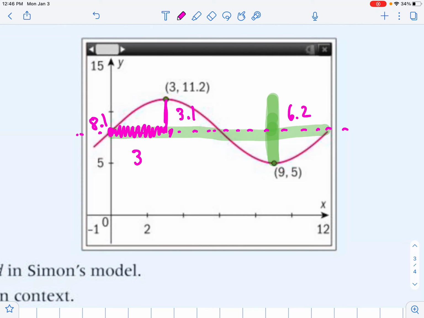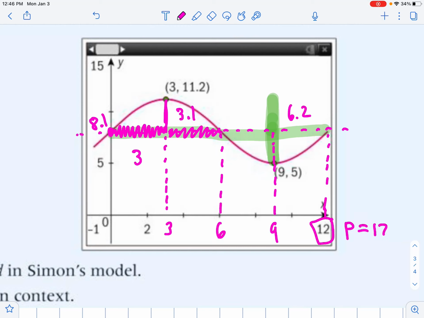Then the next chunk goes all the way up to 6. This is 6. Then it hits 9 right here. And then it starts to repeat at 12. So the period is 12.